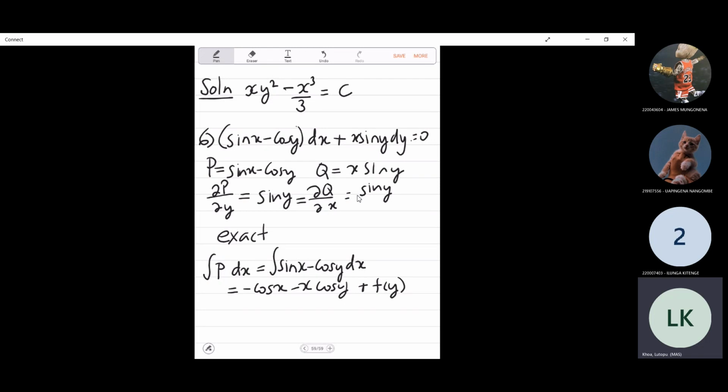Okay, so this represents your function f here. Now you want f differentiated with respect to y, and this will be 0 and x sine y. And this must be equal to q, which is x sine y.